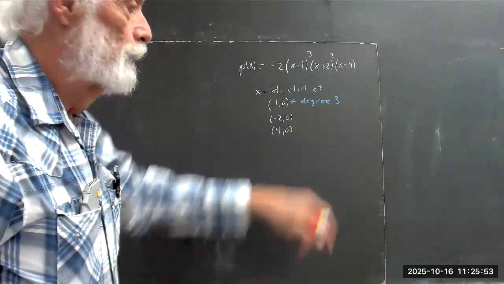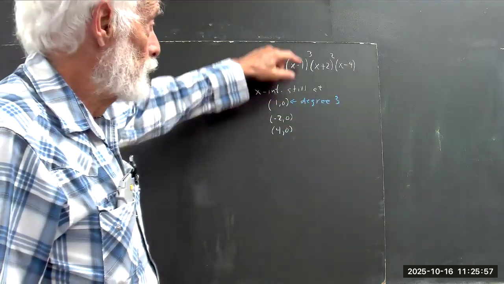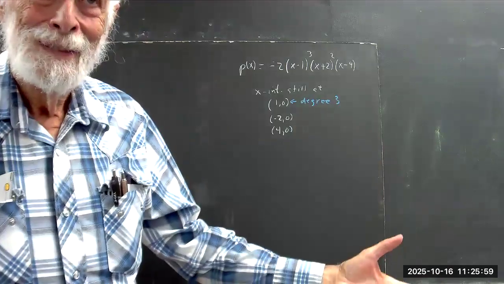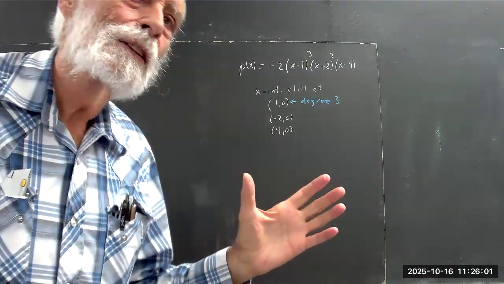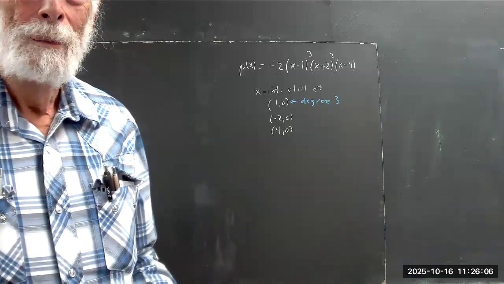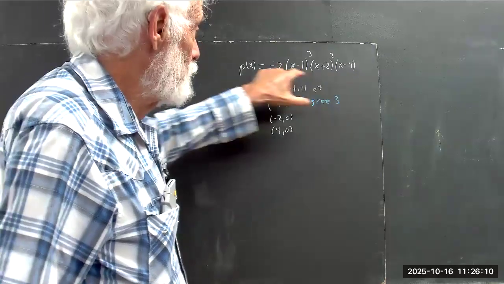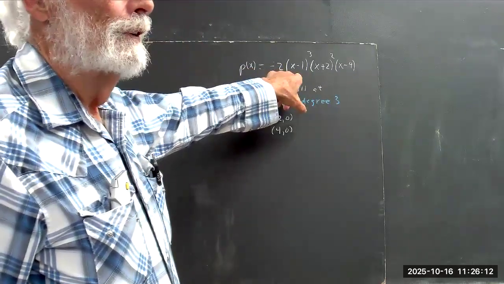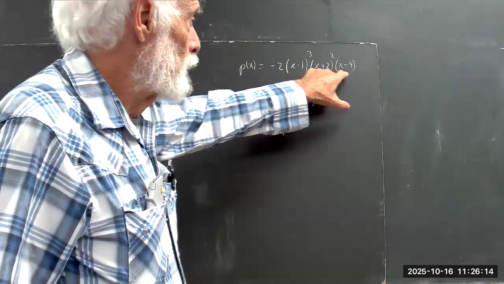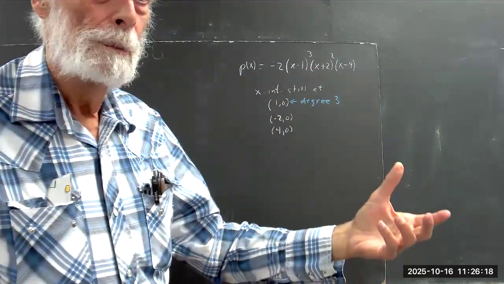This thing is of degree 3. Because x minus 1 cubed is the x cubed graph shifted horizontally 1 unit. So the rest of this stuff, if you're really close to x equals 1, all the rest of this stuff stays pretty close to whatever it is at x equals 1.